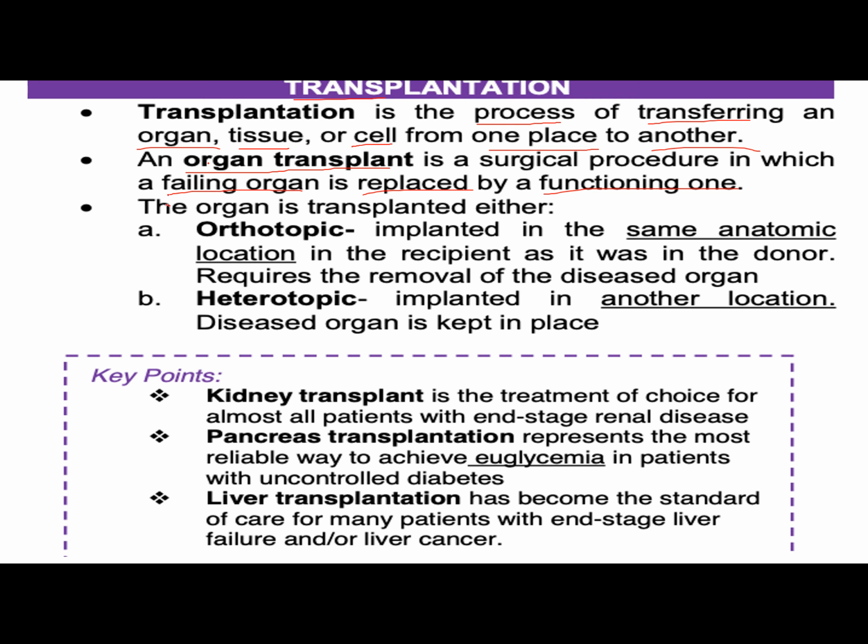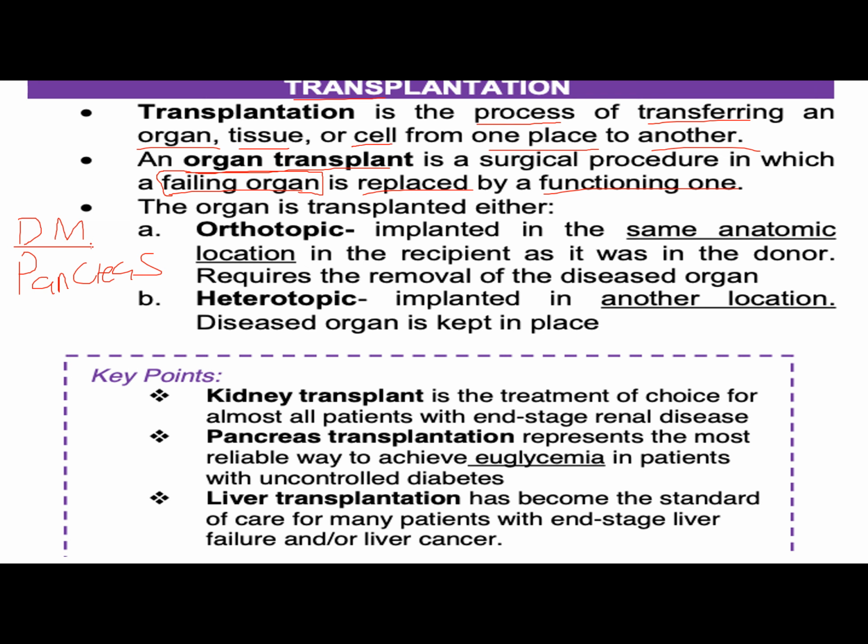You're only going to perform an organ transplant when the target organ is already failing or dying. An example of this, class, let's say you have a case of diabetes mellitus. In a case of diabetes mellitus, you have a problem with your pancreas.